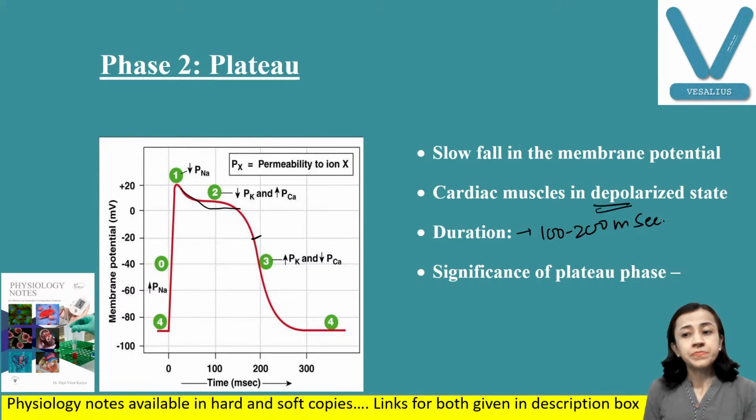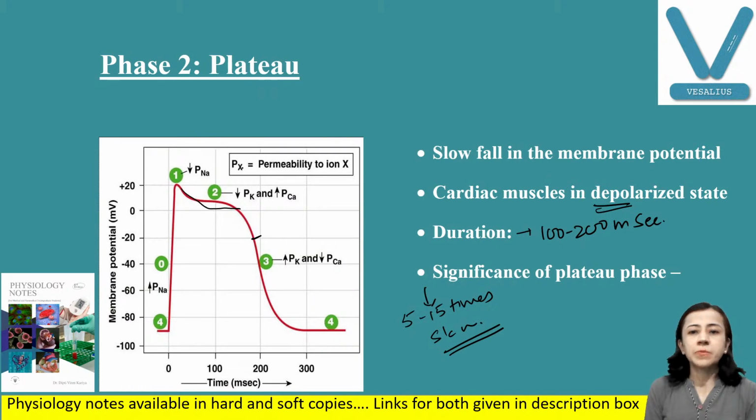Now, what is the significance of this plateau phase? Cardiac muscle contraction is prolonged as compared to skeletal muscle because of this plateau phase. Cardiac muscle contraction is 5 to 15 times longer than skeletal muscle contraction, and the cause is plateau phase.